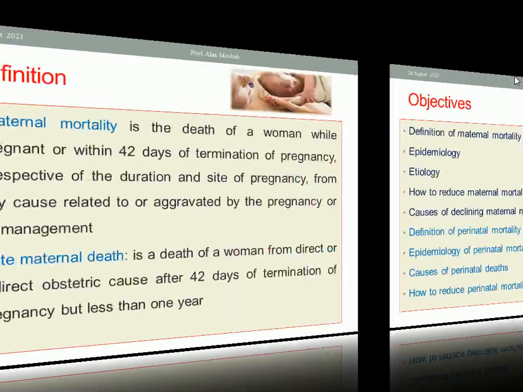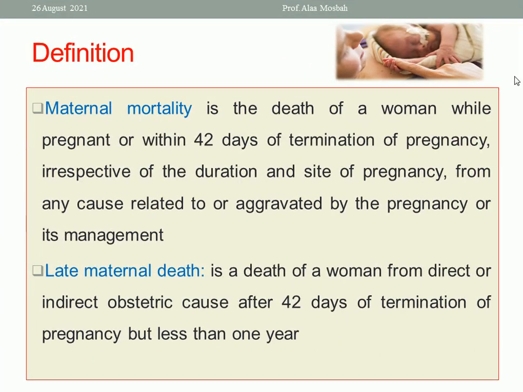Let us start our journey with the definition of maternal mortality, which is the death of a woman while pregnant or within 42 days of termination of pregnancy, irrespective of duration and the site of pregnancy, from any cause related to or aggravated by the pregnancy or its management.